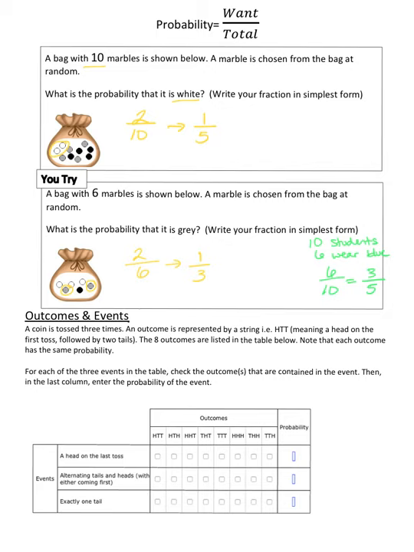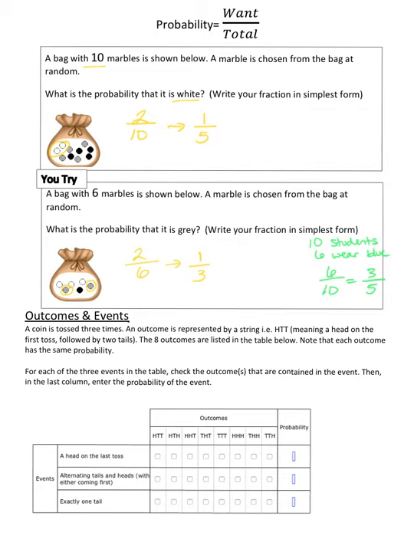Now we're going to talk, so you've got probability equals what you want out of the total. The fundamental counting principle: all the possible outcomes, we multiply them all up. Now here, outcomes and events, you are going to have a chart and you are going to choose how many times the event will happen.